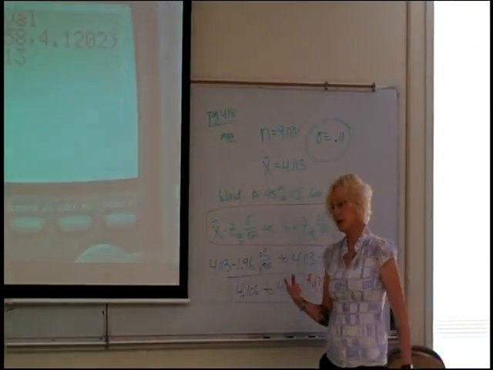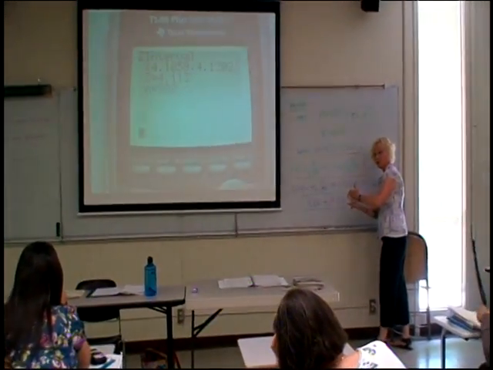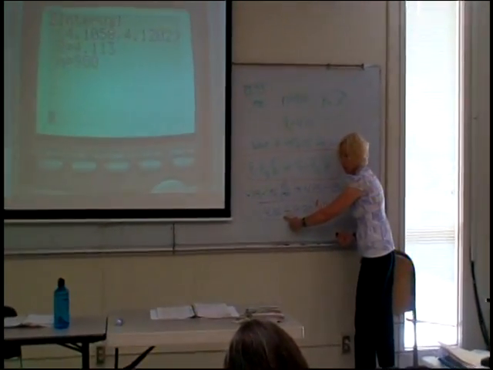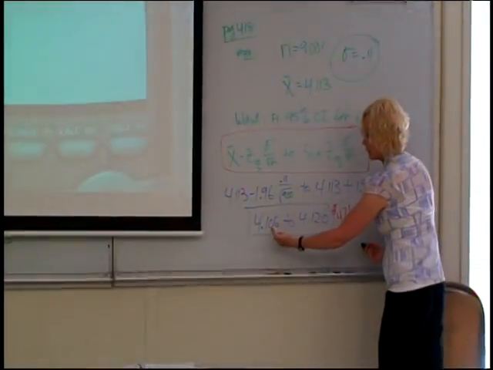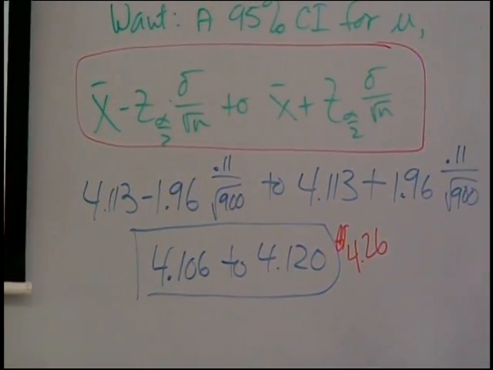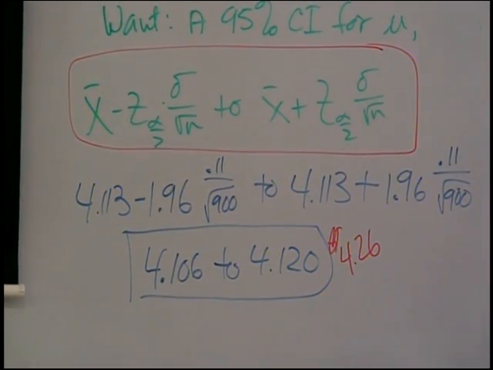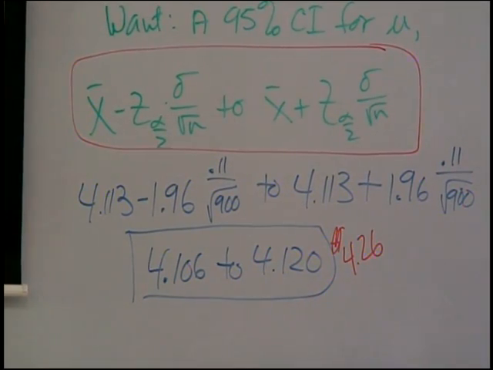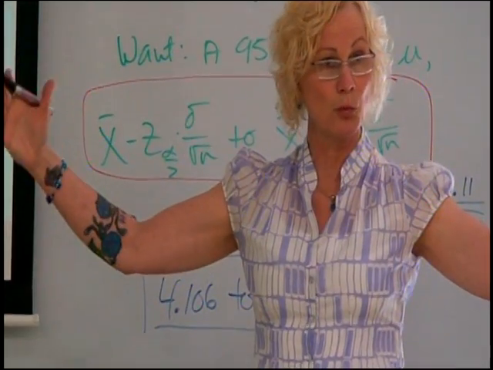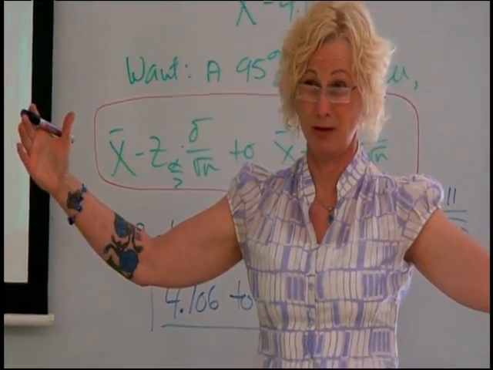So then the margin of error is half of the length of the confidence interval. So you can take the upper bound, subtract the lower bound, divide by 2. And you'll get that, it's a distance. So again, last time we talked about the precision of the confidence interval. If the confidence interval is too wide, your precision is poor.